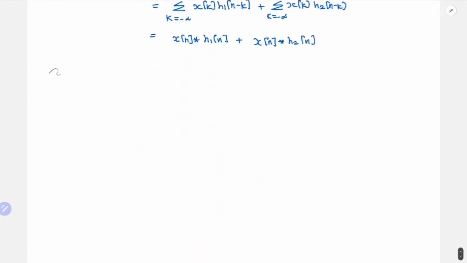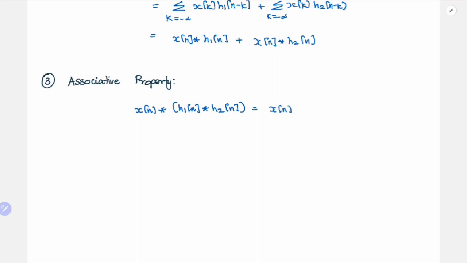So next let us look at the associative property. So what does the associative property say? x of n convolved with h1 of n convolved with h2 of n is equal to x of n convolved with h1 of n, and then you're taking this result and convolving it with h2 of n.